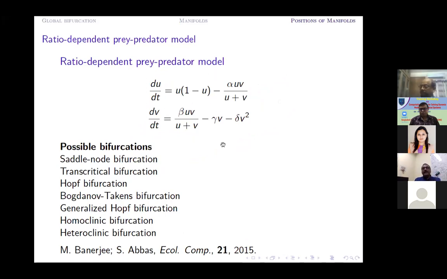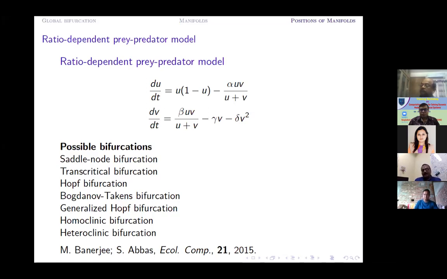Then you will have two different restrictions: the positivity of U star, that means the equilibrium component of U, and the positivity of V star, the equilibrium component of V. Once you apply the positivity conditions, you will find some implicit relation satisfying the parametric conditions such that U star and V star are positive, which will give you some relation between beta, gamma, and delta, and then you can apply your judgment.